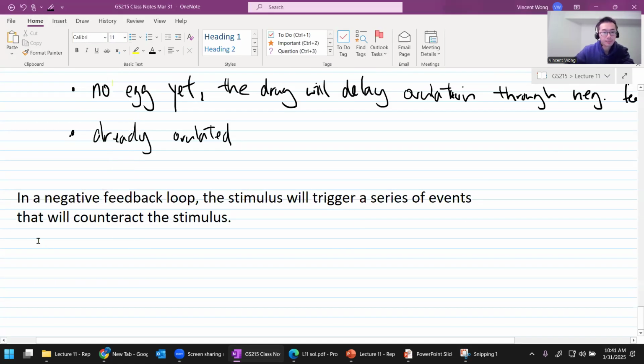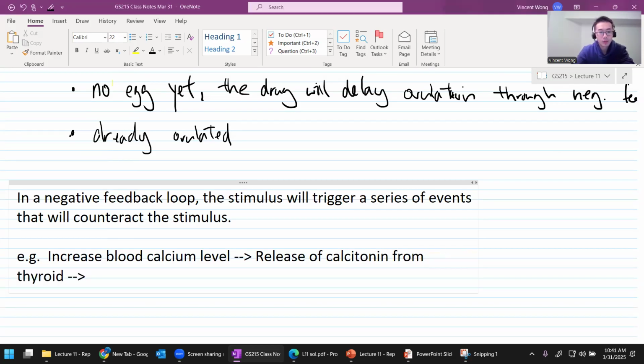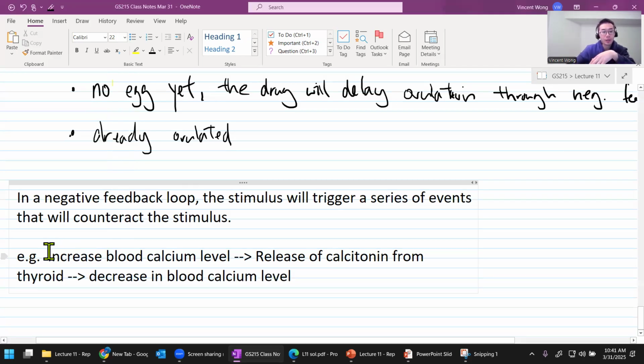E.g., increase blood calcium level. It will lead to release of calcitonin from thyroid. We learned this last time, which would lead to decrease in blood calcium level.